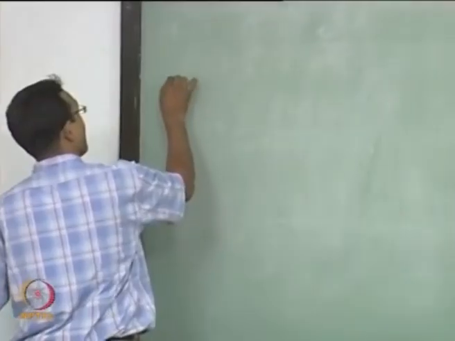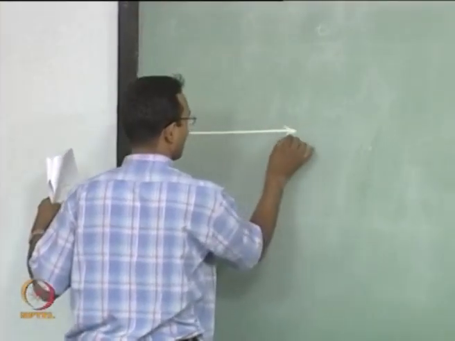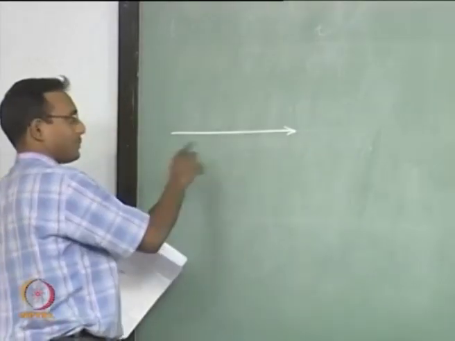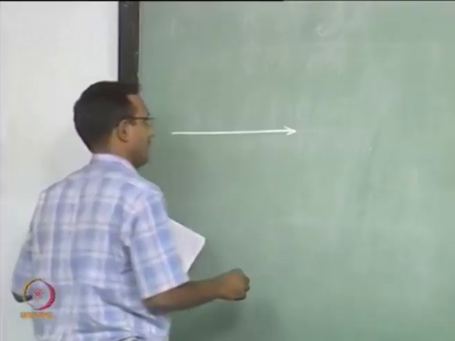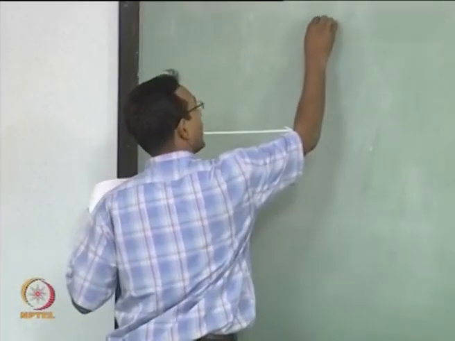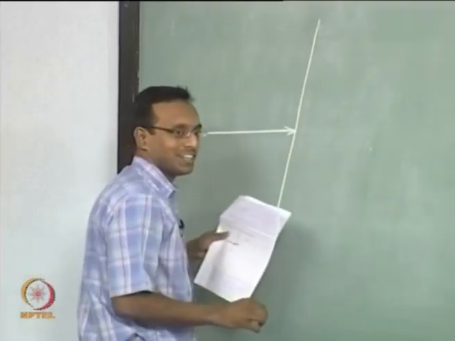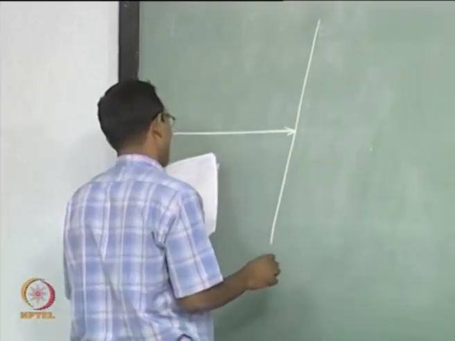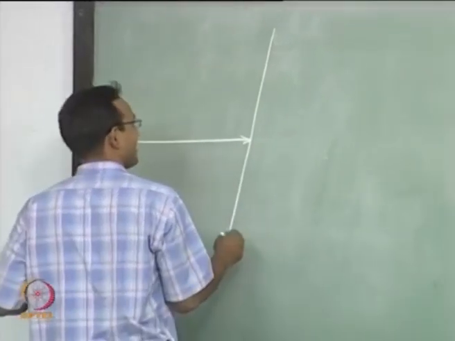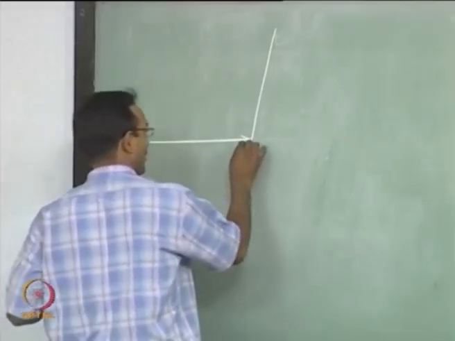So, let us say I have a very long vector, that is my incoming velocity vector, and that is parallel to the horizontal. And now I am going to say I have one solution that is at this angle. First watch, then draw, it is easier. I will tell you how to draw it so that you can always draw it correctly. But I will also tell you what goes wrong if you draw it too many times.